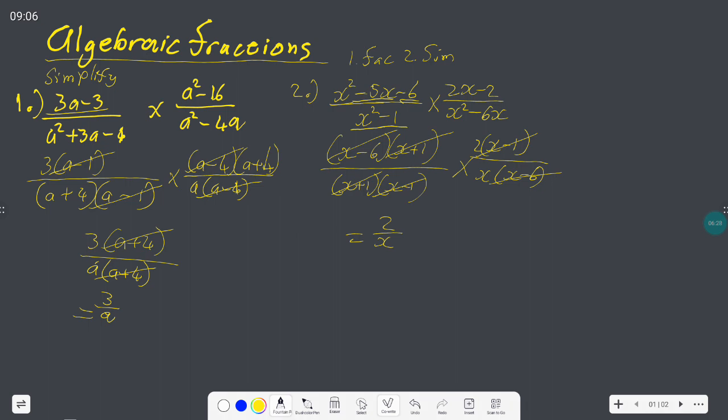Negative 6, I know it must be a negative multiplied by a positive. Now my middle term must be negative 5. Only way that I will get that is by saying negative 6 plus 1. And that will also give me the output of negative 6 at the end. It is situational. You have to test your answers from time to time. For example, if I use negative 3 and negative 2, I would have had positive 6 at the end. That's why I had to use negative 6 and positive 1.